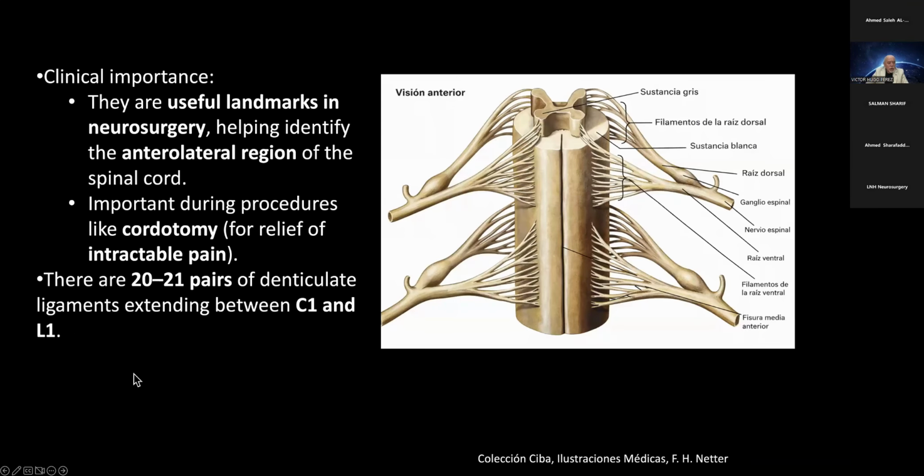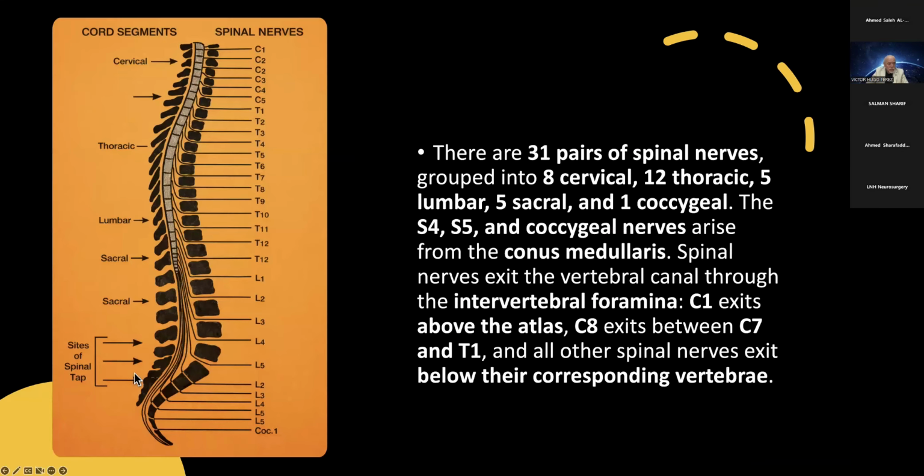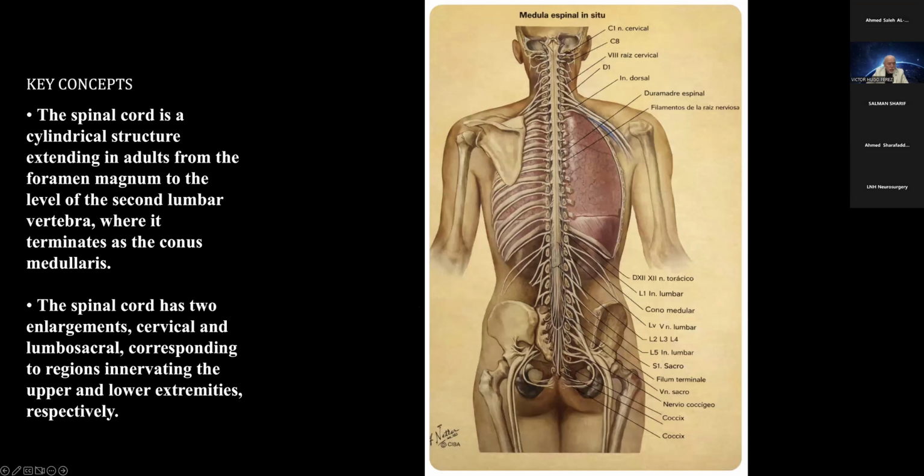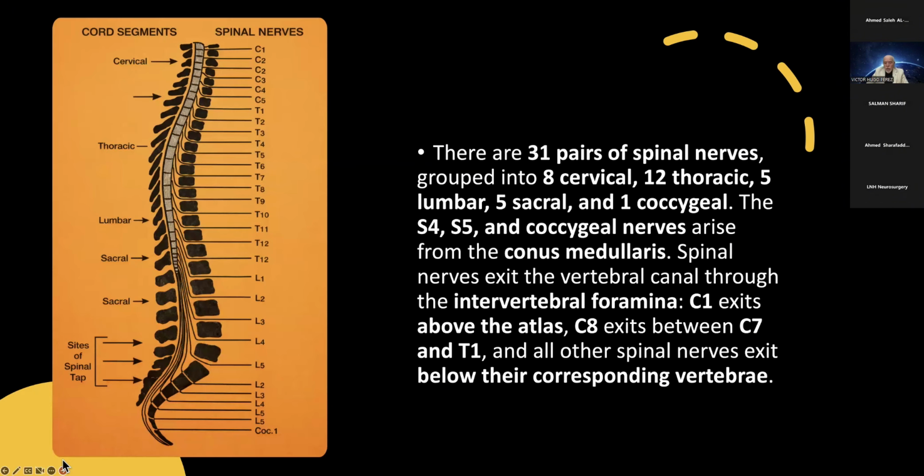The spinal cord has two enlargements, as I told you, cervical and lumbosacral, corresponding to regions innervating the upper and lower extremities, respectively. There are 31 pairs of spinal nerves, grouped into 8 cervical, 12 thoracic, 5 lumbar, 5 sacral, and 1 coccygeal. The S4, S5, and coccygeal nerves arise from the conus medullaris.